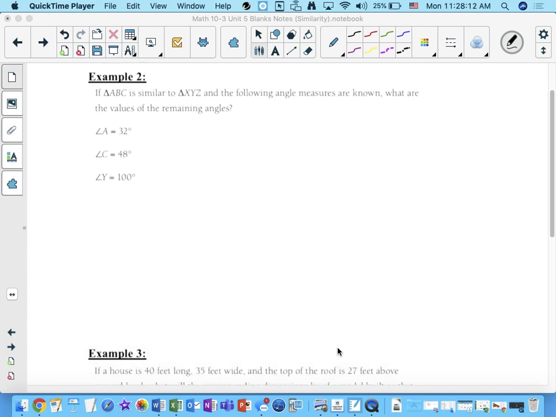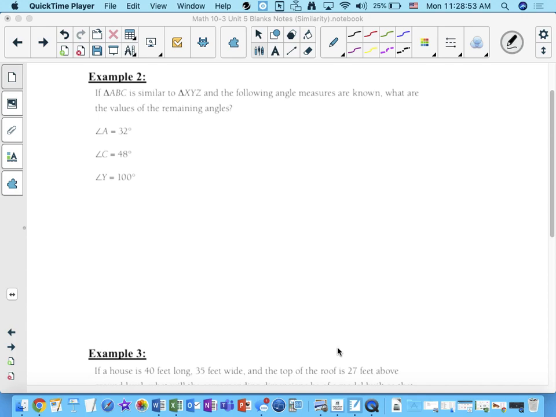Example 2. So if triangle ABC is similar to triangle XYZ, and the following angle measures are known, what are the angles of the remaining angles? Okay, so one thing that you guys need to know about similarity is that when we are told that two shapes are similar to each other and we're not given a diagram, then the letters that are given in the order A, B, C, okay, the first letter in the first triangle is going to correspond to the first letter in the second triangle.